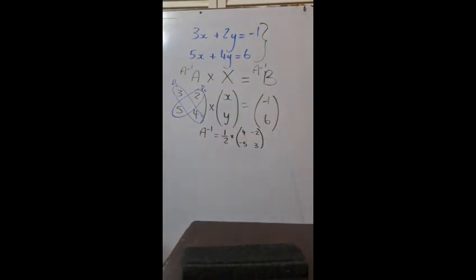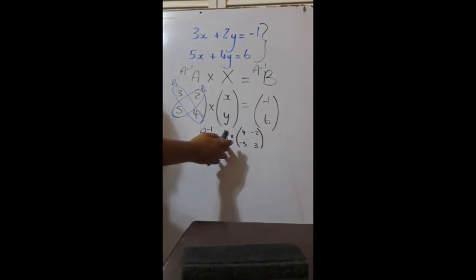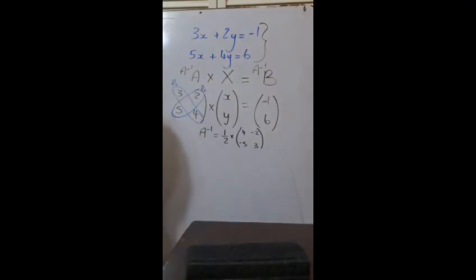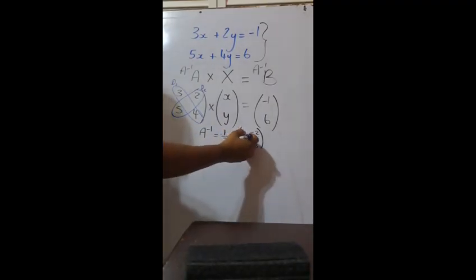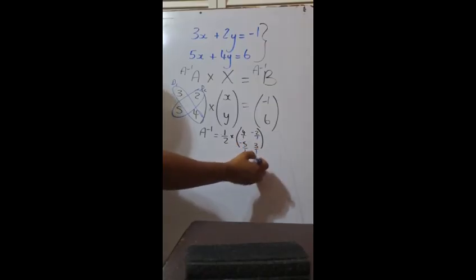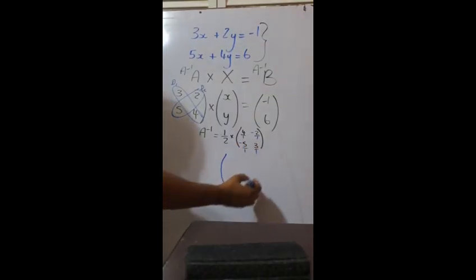Alright, so here we are completing the inverse process. A inverse is equal to 1 over the determinant of A times the adjoint of A. Since we have a fraction multiplying our matrix, I'm going to write all these elements as fractions as well, so all our whole numbers I'm just going to place over 1, and then do the multiplication.